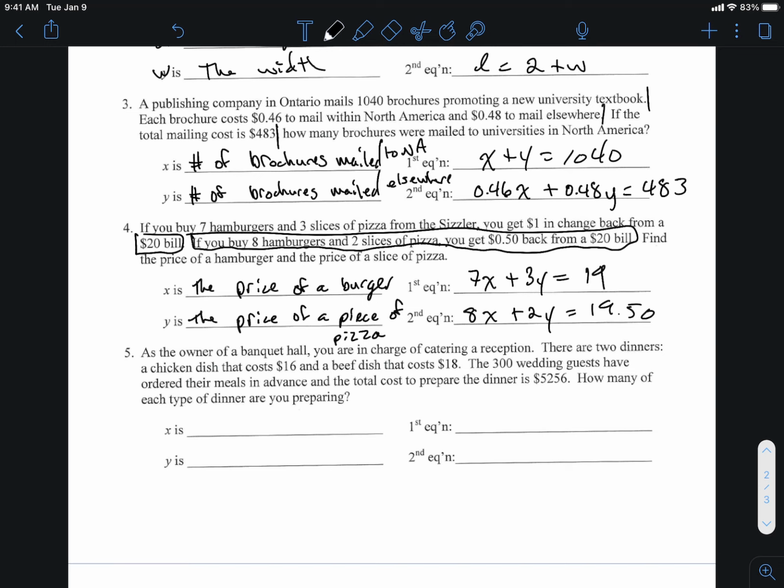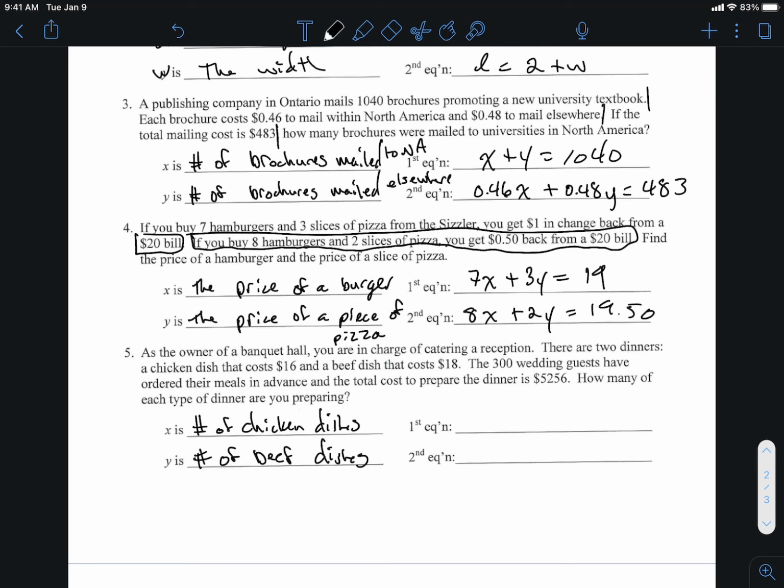So X is gonna be the number of chicken dishes, and Y will be the number of, what was the other dish? Beef. So when you get an answer, it's going to tell you how many of each there are.